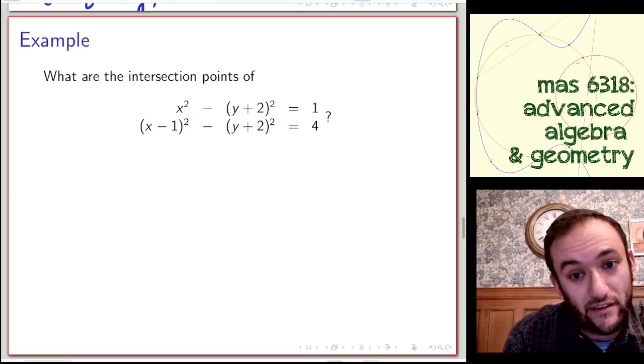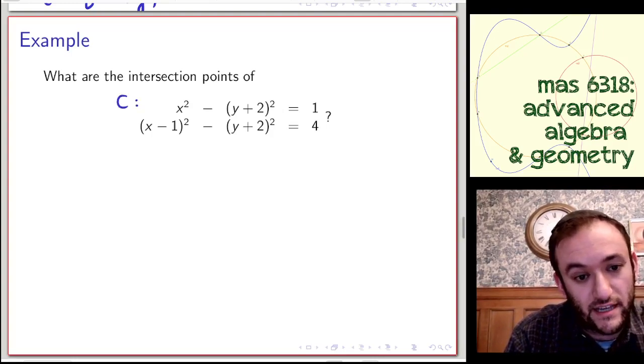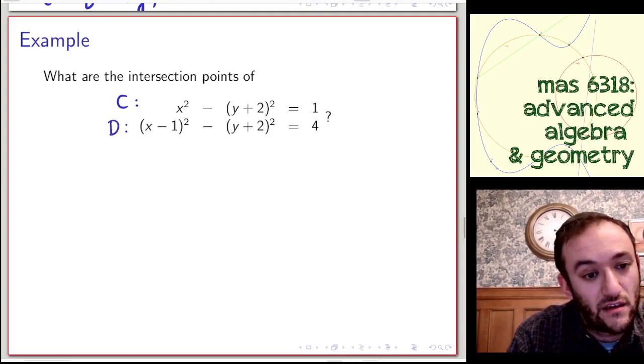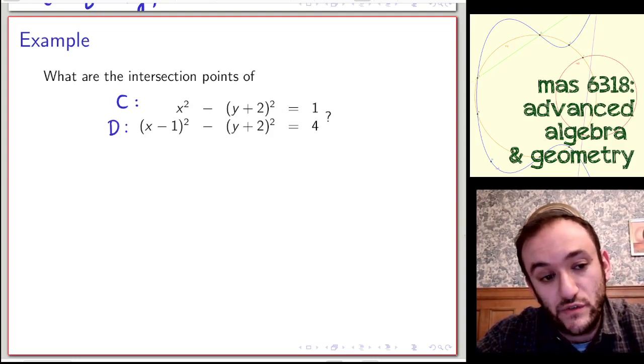So we have a curve C, which is defined by x squared minus (y plus 2) squared equals 1, and D, which is defined by (x minus 1) squared minus (y plus 2) squared equals 4.